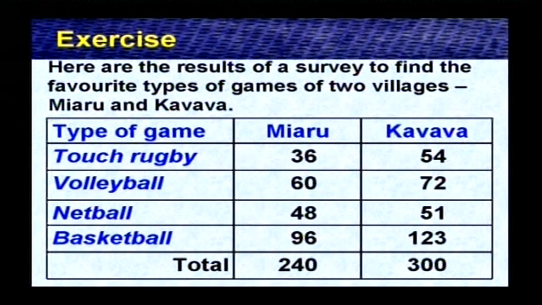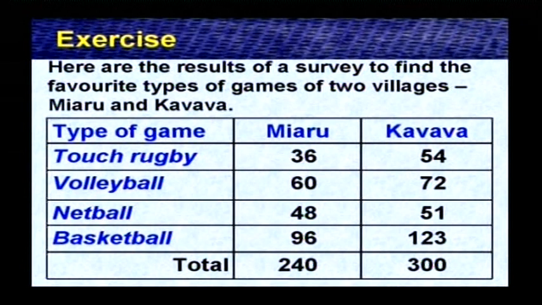The survey was on types of games, as you can see from the table there. There were surveys made on four types of game: touch rugby, volleyball, netball, and basketball. The figures under Meru are the number of the population that like that particular game.